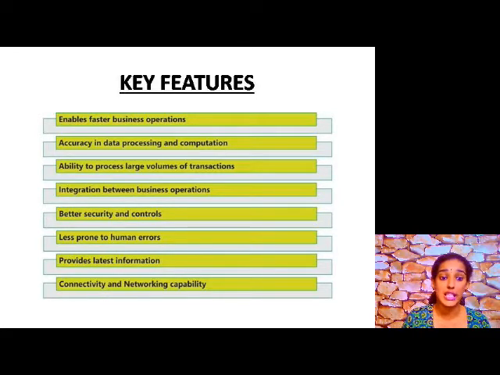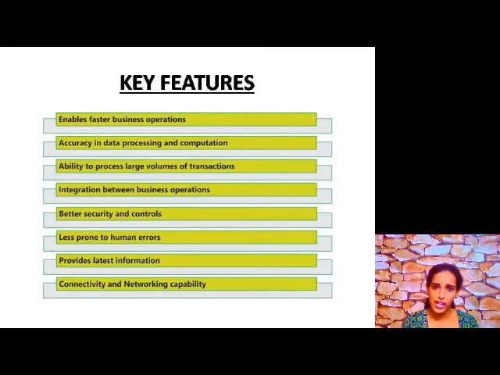It enables faster business operation, very fast, and not just fast, since everything is done through computers, I can say the amount of errors is drastically reduced. Now, when I'm doing it manually, say for example, I am doing a vouching, there are chances that I might miss out on any one of the elements.